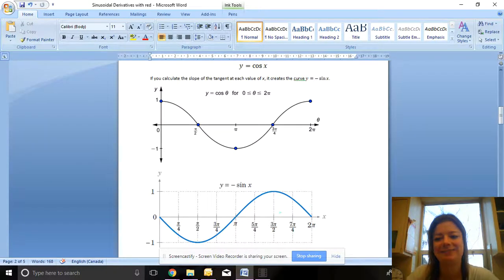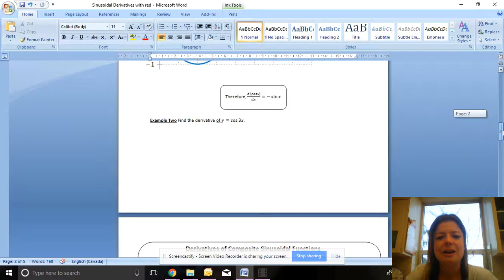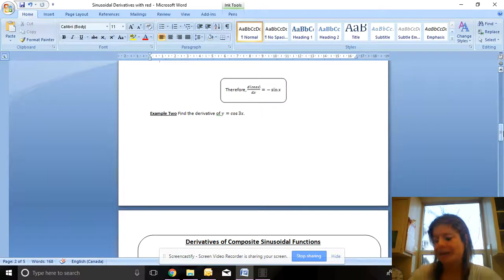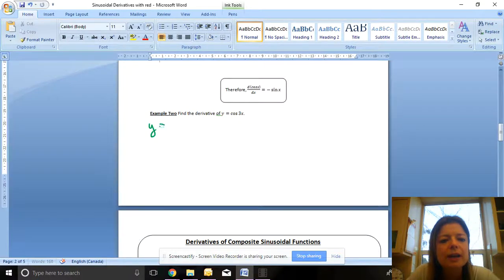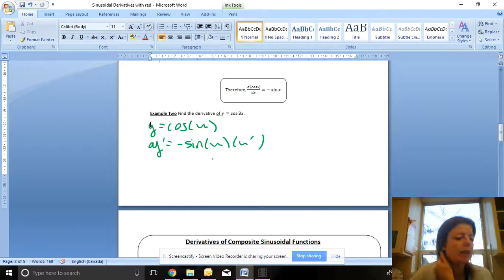Do it. All right. Okay, so now that you did that, we get to, what if you have something like this, y equals cos 3x? Well, just think about this as y equals cos of blah. So then the derivative of that is going to be negative sine blah times blah prime. Okay, it's a chain rule problem.